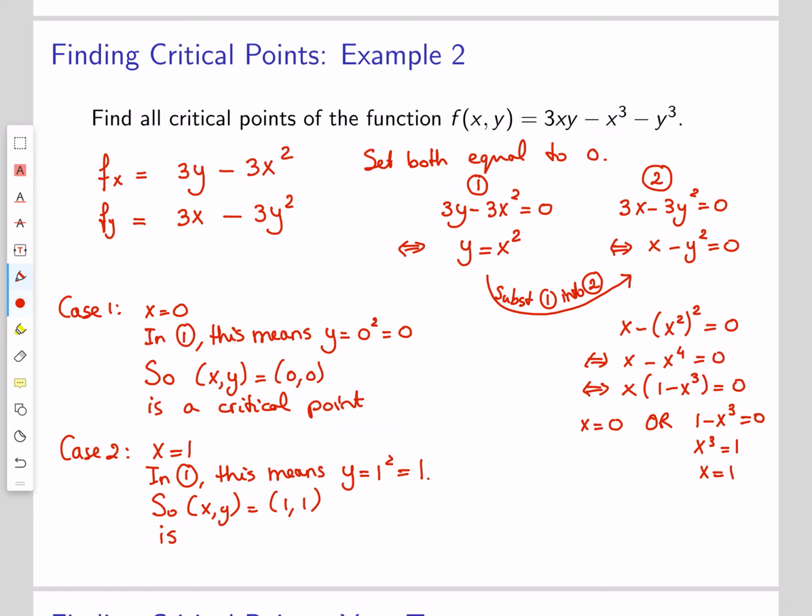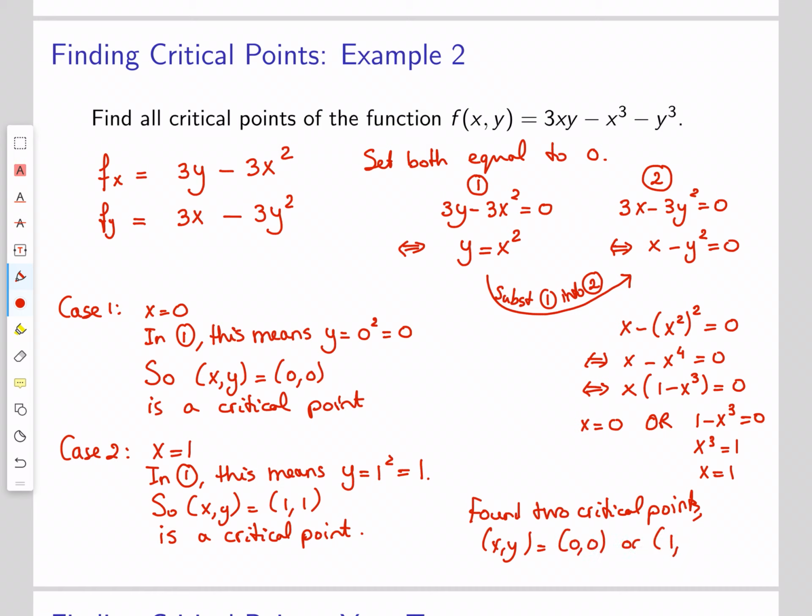And so that point is also a critical point. All right. So we found two critical points. Namely, (x, y) is equal to (0, 0) or (1, 1).